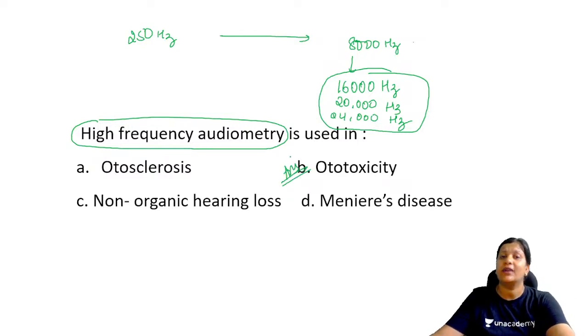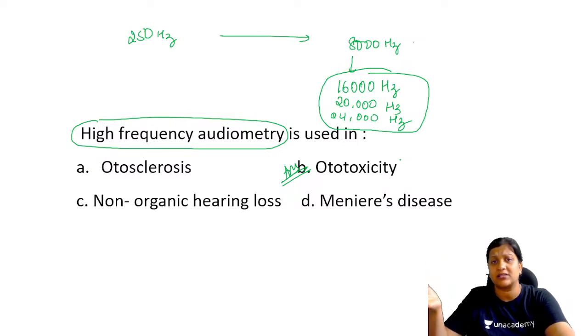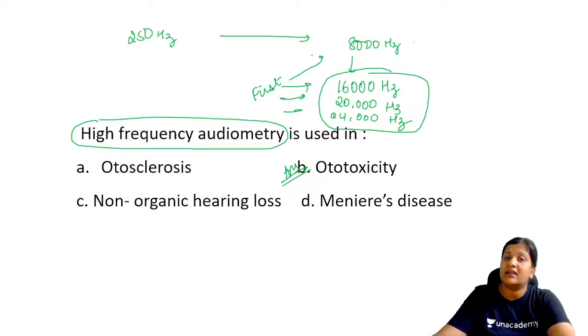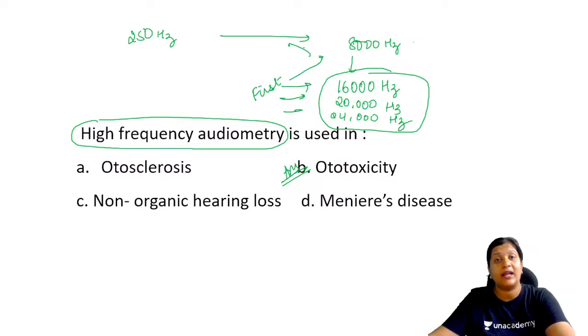There are few indications when you're going to use high frequency audiometry. So typically when a patient is undergoing a treatment with ototoxic medication, like say anti-cancer drugs or gentamicin or anti-malarials, and we are thinking that there is a possibility of ototoxicity, these frequencies will get affected first and later your other frequencies will get affected.